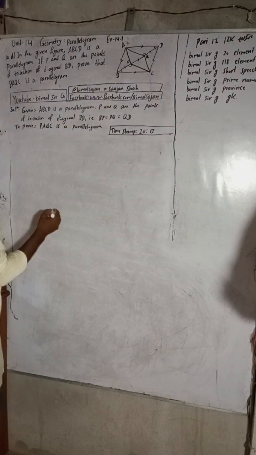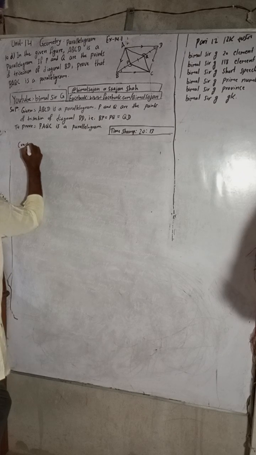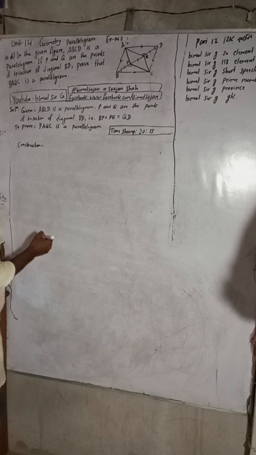In the second process, what we have to write here is construction. The second method is that we have to do construction.